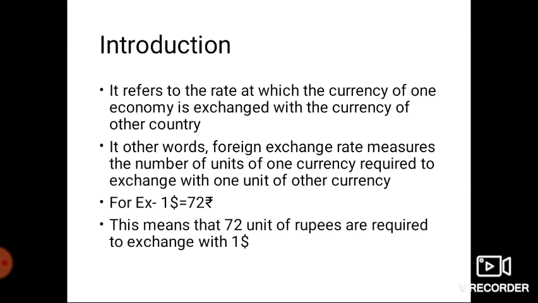Just like if you go to the airport or some international boundary, you will find currency exchange centers opened by different corporations. They are not banks, these are called NBFCs, non-banking financial corporations. They are also part of it.